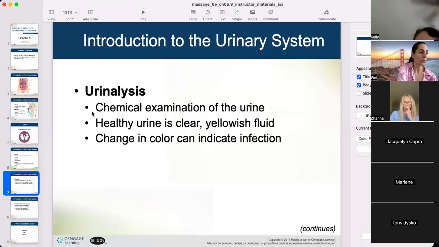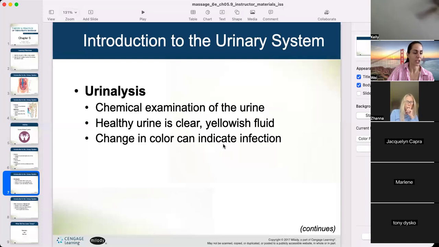Now you have urine analysis. It's a chemical examination of the urine. Healthy urine should be yellowish or shades of yellow. It depends on what you're eating and how much hydration you have. If there's a change in color, that could indicate infection. It could be a yellowish, brownish, or reddish color; it depends what's in there.